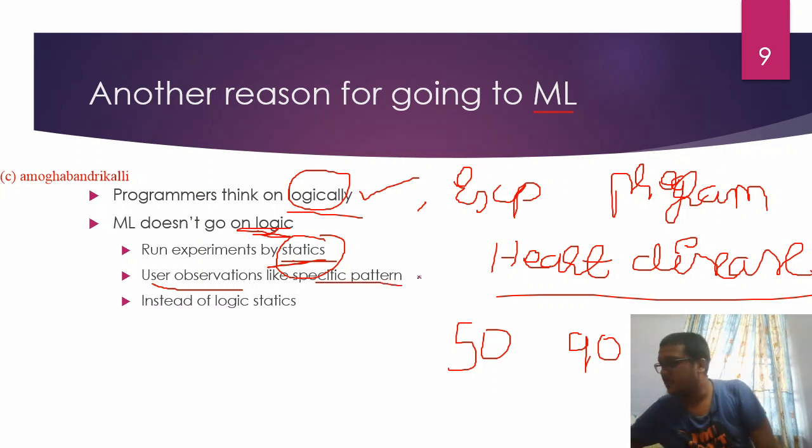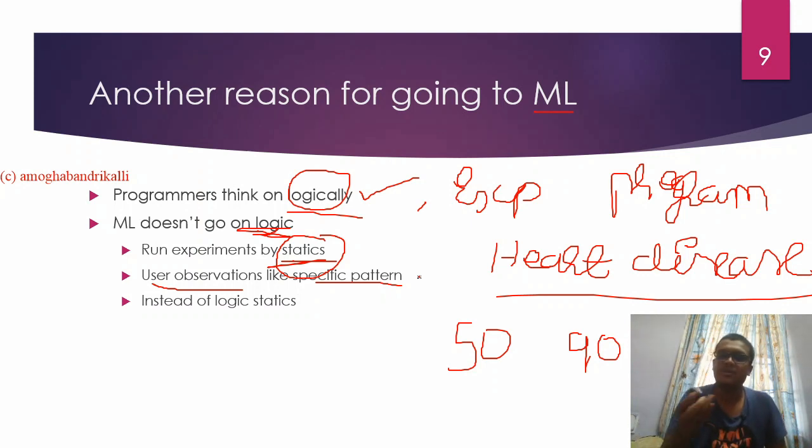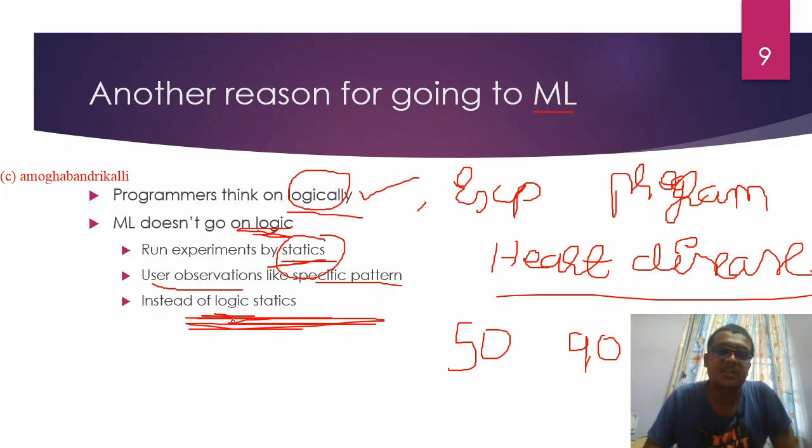The patterns can be like this: if you have the charger here, it will have some pattern, a change in color. Or a texture, like some kinds of changes in clothes. This can be immersed in machine learning. So instead of logic, the machine is going for statistics.